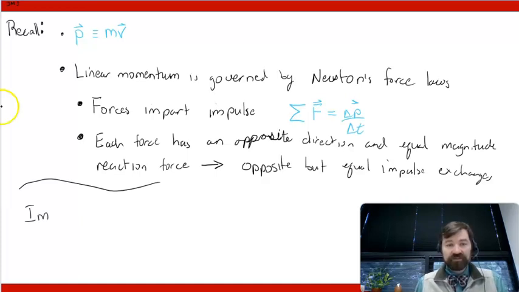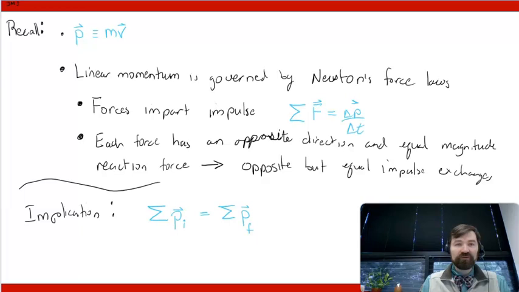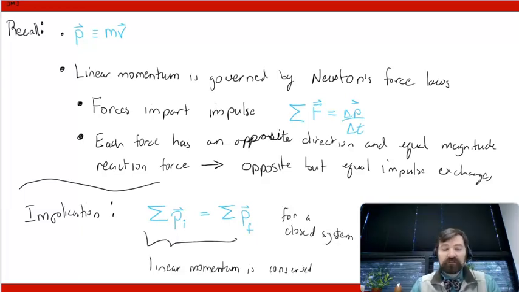So basically the summary is that for a closed system, the sum of momenta at the start and the sum of momenta at the end must be equal. This is the conservation of linear momentum.